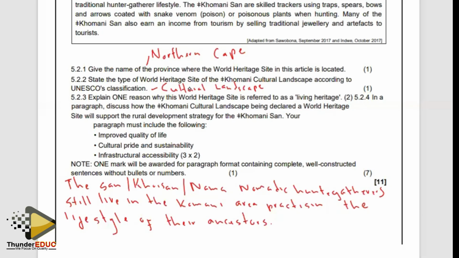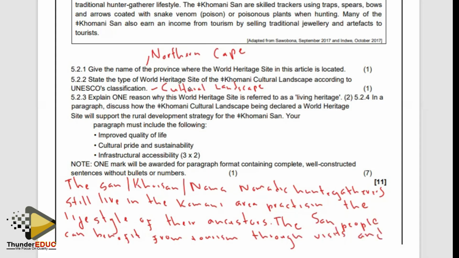So the second thing which we need to include is that the San people can benefit from tourism through visits and selling cultural artifacts.